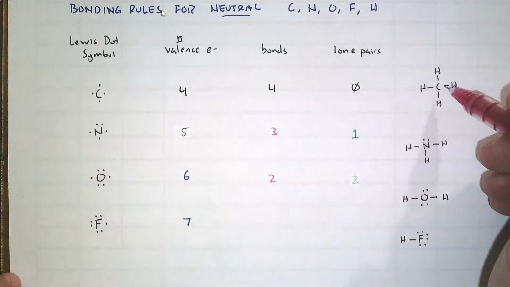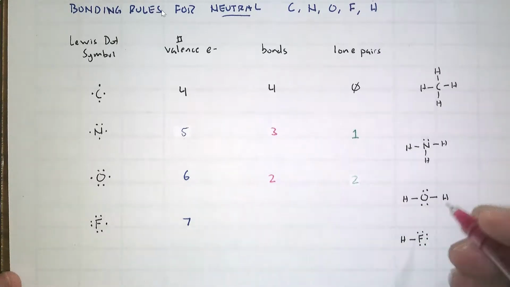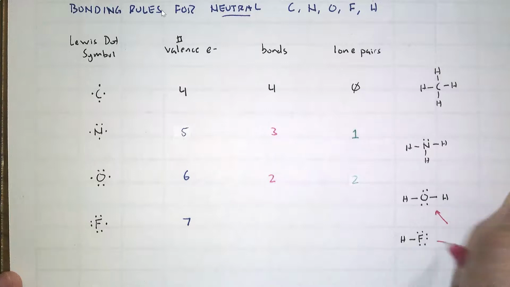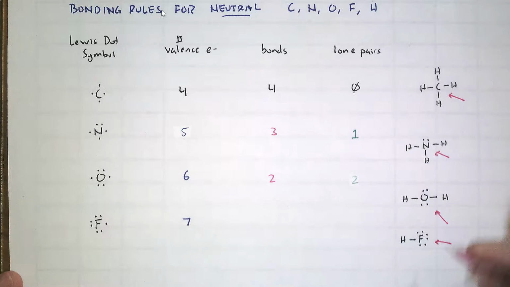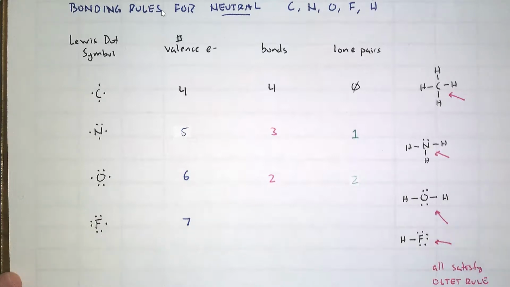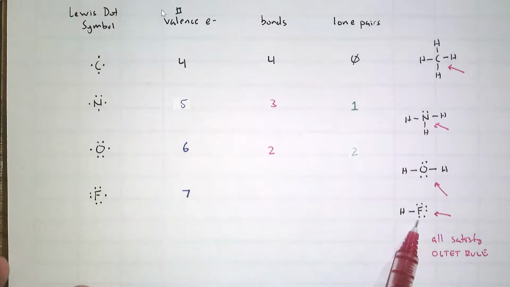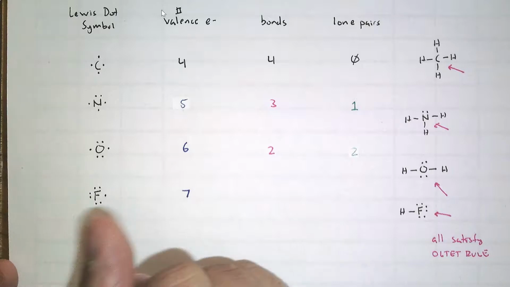All of these atoms, C, N, O, and F, satisfy the octet rule. And the way you count, let's do it for fluorine: 1, 2, 3, 4, 5, 6, and you count both electrons of the bond, 7, 8.